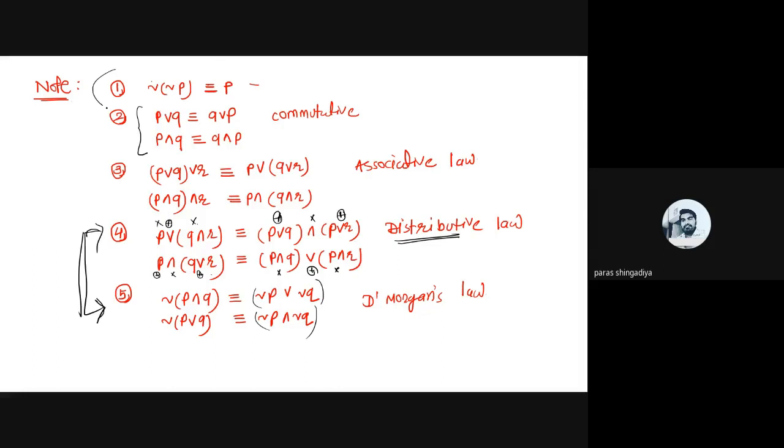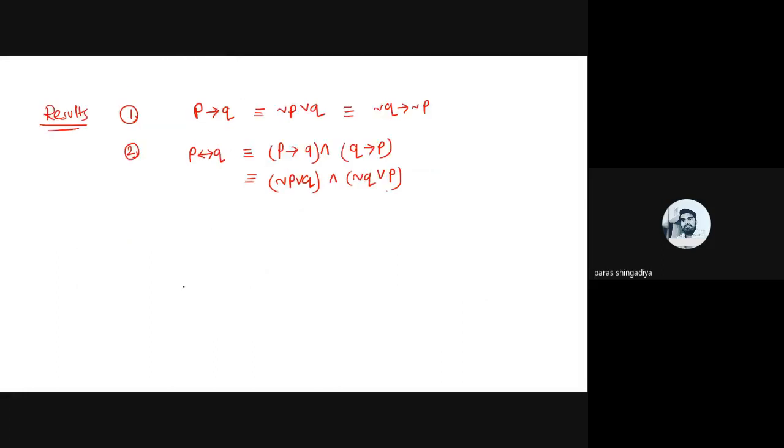This first one is also important: negation of negation P is P. After that we will also use this result to convert the conditional and biconditional, okay. So P conditional Q is logically equivalent to negation P or Q. The negation of (P and Q) is also important. P conditional Q you can find in other ways too, you can use this one.